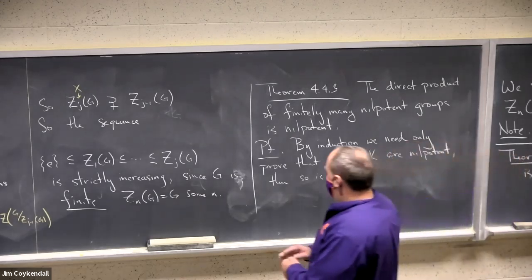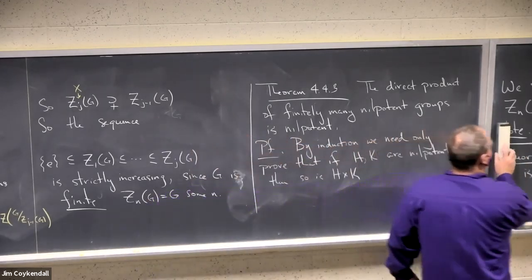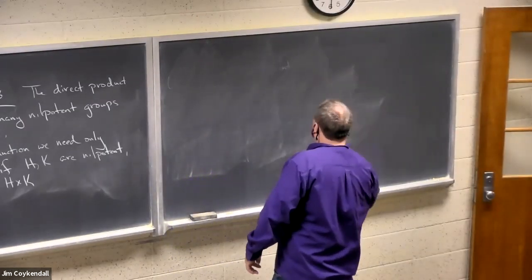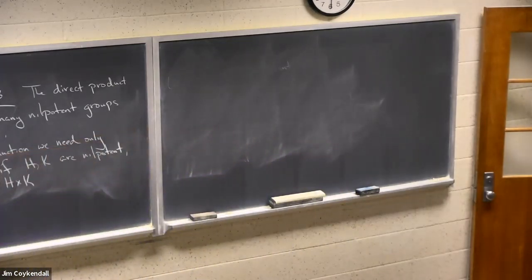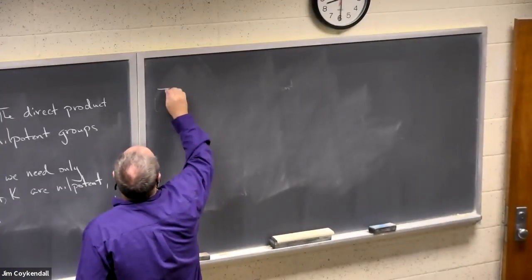Okay, so this is really what we want to sort of outline here. So why is it true that if H and K are nilpotent, so is H cross K? So let's look at this sequence of maps inductively.